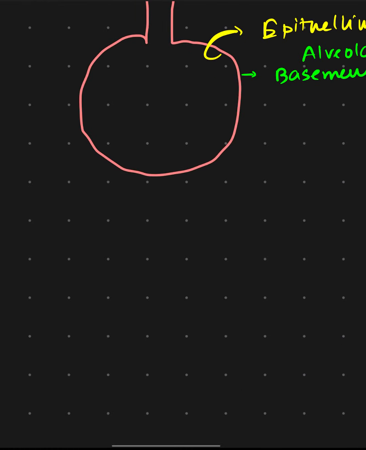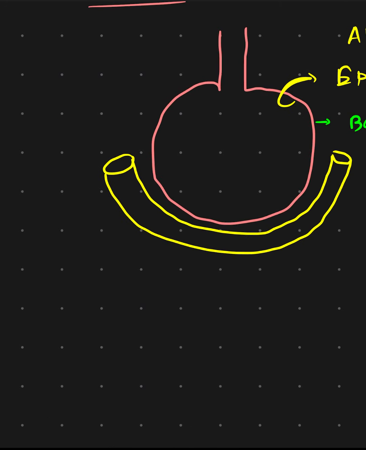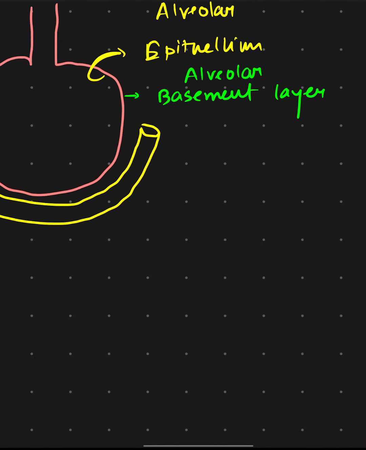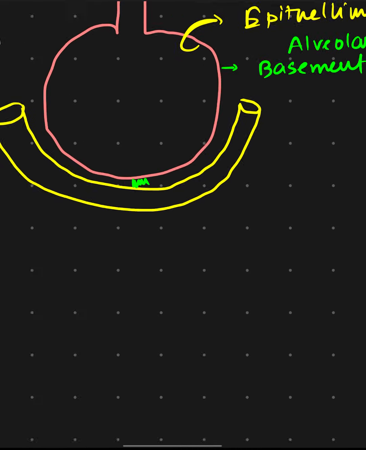And there will be blood capillaries running around it. So let me draw it with a yellow. So there will be blood capillaries here. And through these blood capillaries, the deoxygenated blood is flowing. Now there are two more membranes, and there is a space between these two layers.